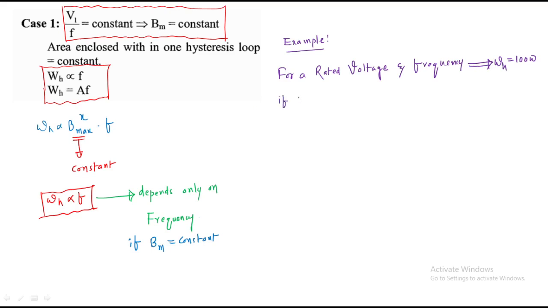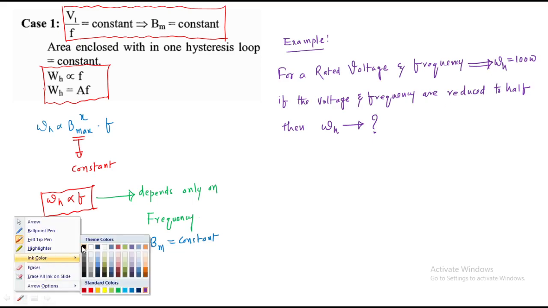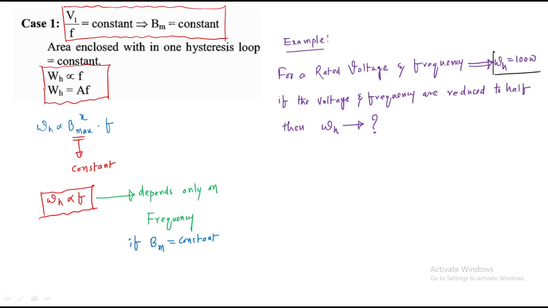If the voltage and frequency are reduced to half, then what about the hysteresis loss? This is the example. For a rated voltage and frequency, the hysteresis loss is 100 watts, which is the given data. But in the second case, the voltage and frequency are reduced to half.